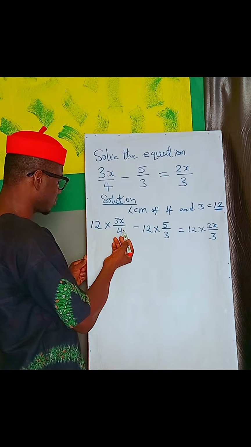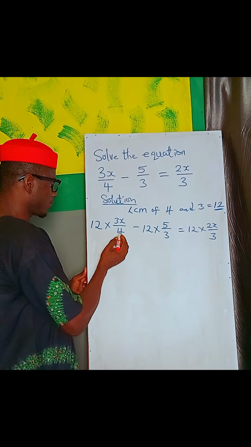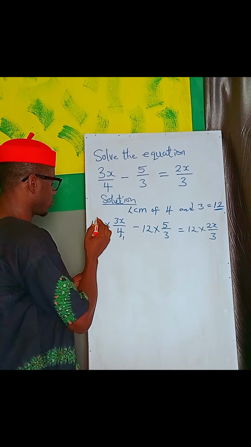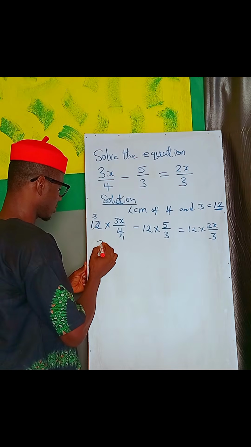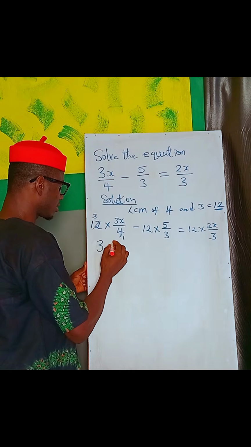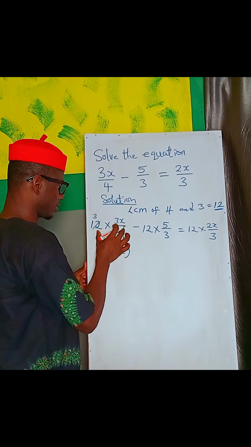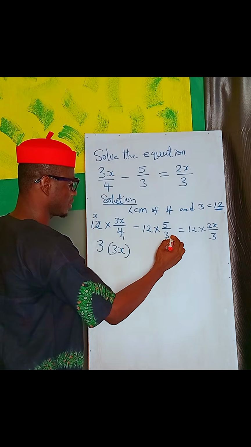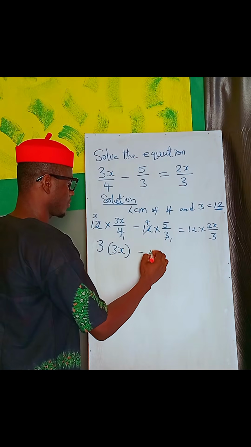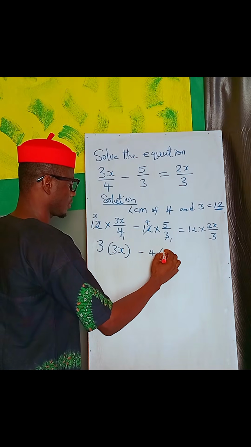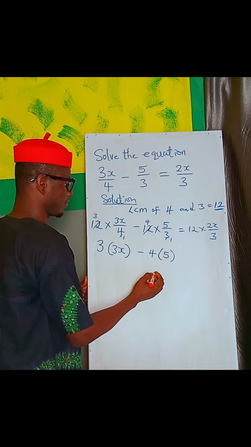So here, 12 times this, of course, 4 in 4 will give us 1, and 4 in 12 will give us 3. And we are left with 3 times 3x in this first part. In the second part, 3 in 3 is 1, and 3 in 12 is 4. So we'll be left with minus 4 times the number left, which is 5.